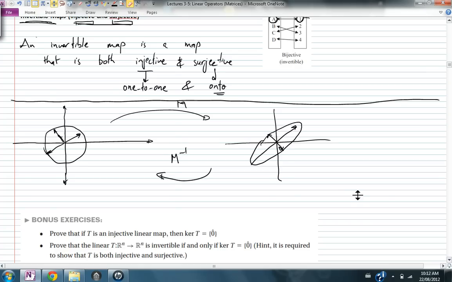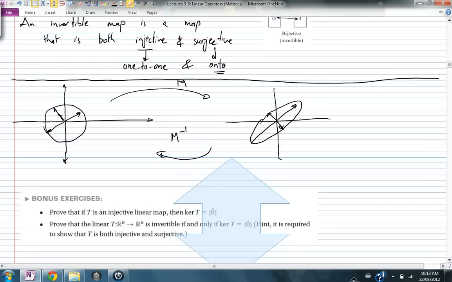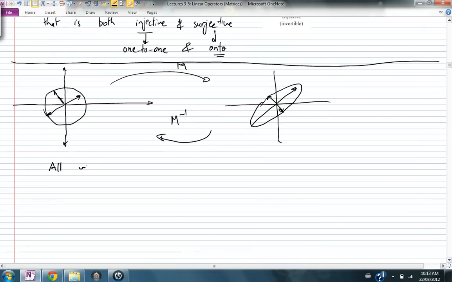Let me write this down. All non-zero vectors have non-zero images. Therefore, the matrix is invertible. I'm able to find the inverse.